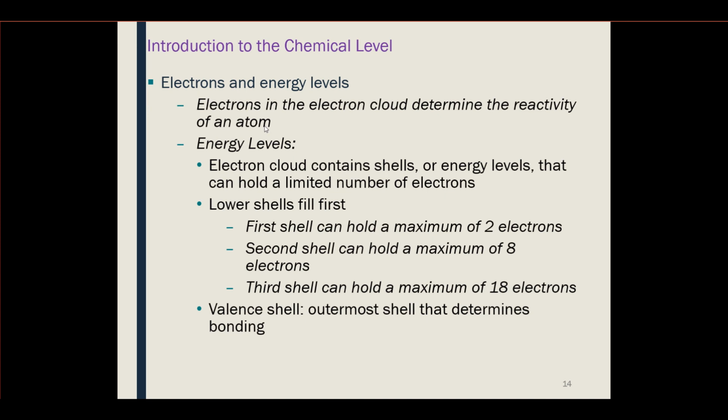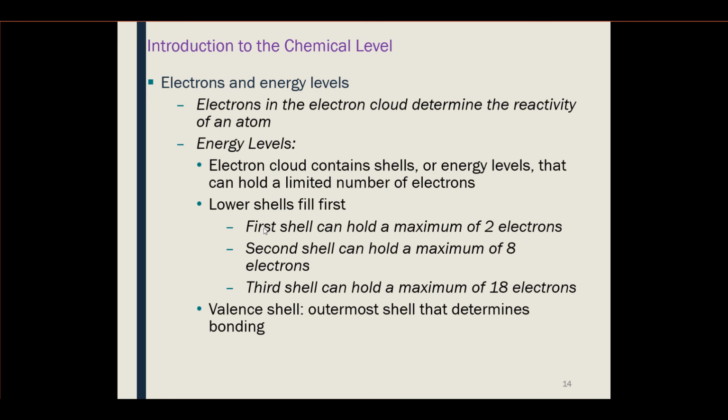So our electron cloud consists of these energy levels, right? So the electron cloud contains shells or energy levels, and each energy level holds a certain amount of electrons. And we always fill from the smallest energy level outwards to the bigger energy levels, right? So the lower shells will fill first.